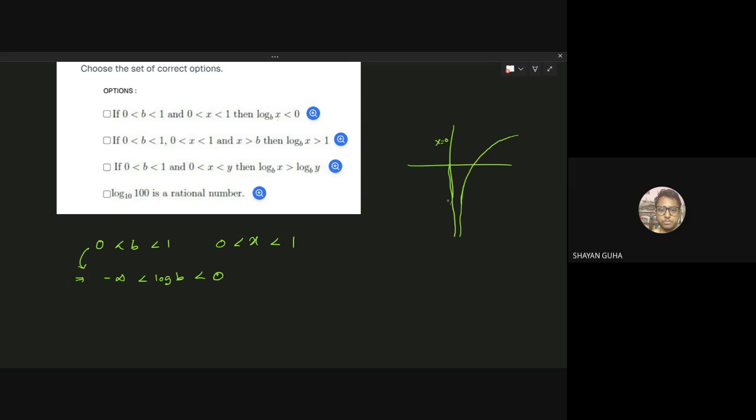It decreases drastically as it moves closer to 0, but at point 0 it's undefined. So that's why I have written that log b should be lying in the range of minus infinity to 0. Obviously, when b is lying in this particular range, then the value of log must be lying between minus infinity and 0. Is it clear to everyone?